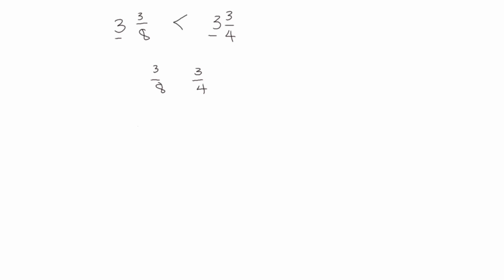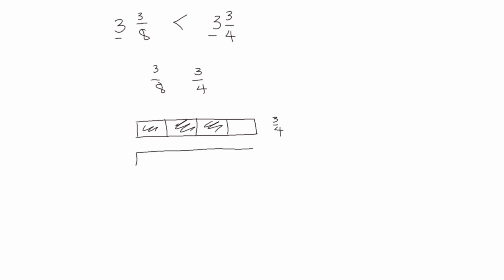We can show that with a tape diagram by first showing 3/4 and then drawing a same sized whole as our tape diagram, but this time we're going to divide it into 8ths.